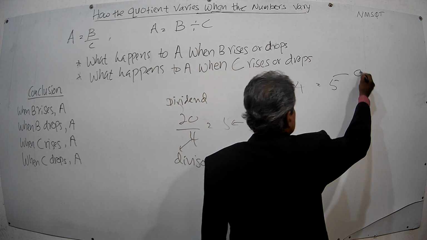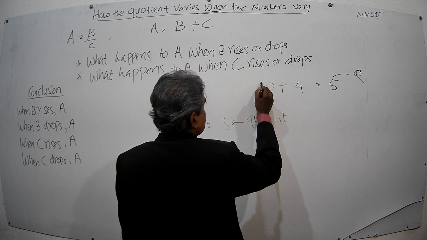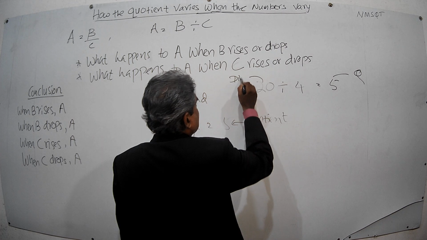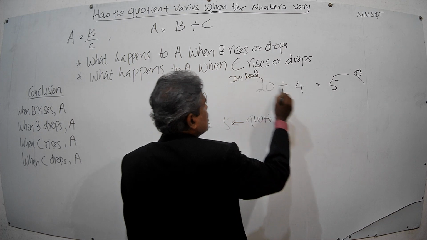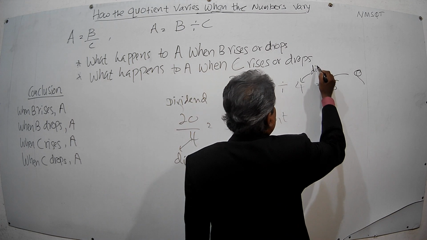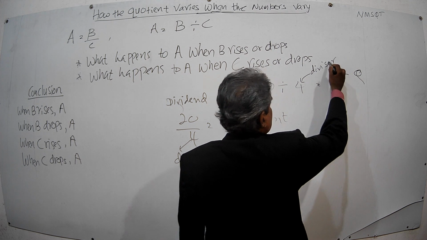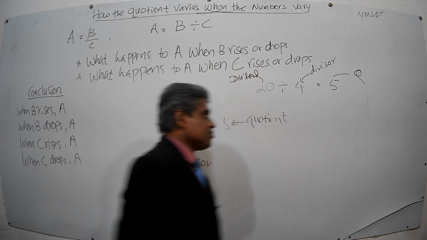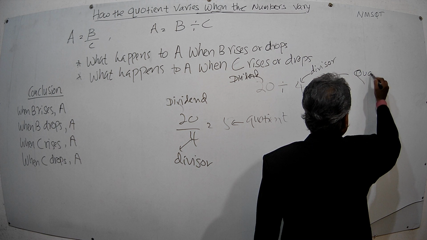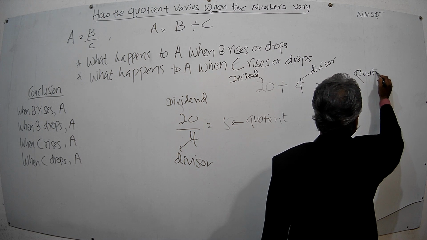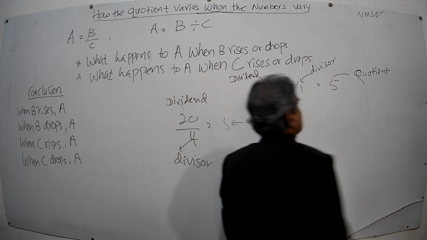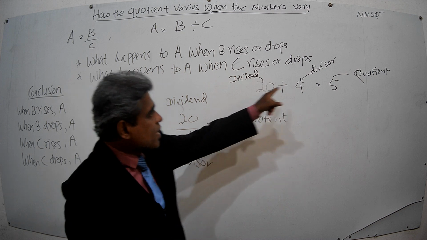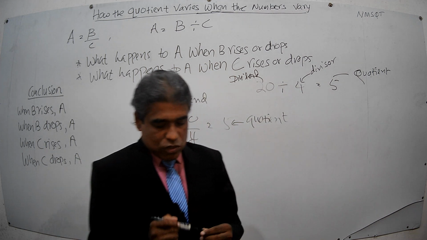So this is again the quotient, this is the dividend, this is the divisor. Dividend, divisor, quotient. I think now you know what those terms are.